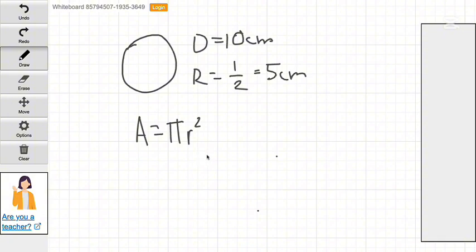So it's just pi times 5 squared, which is just equal to 25 pi with centimeters squared at the end.